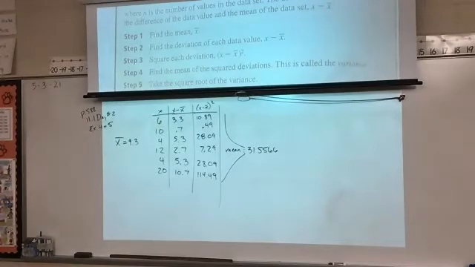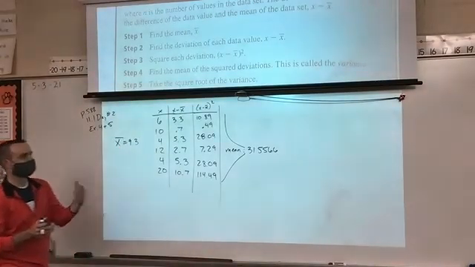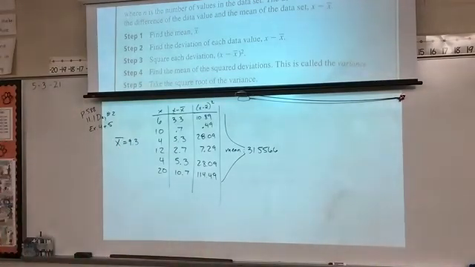We find the mean there. We add them all up, we divide by 6. We're going to end up with 31.55666666666666 forever. We're not going to use it forever, but we don't want to round it just to like 31.6.